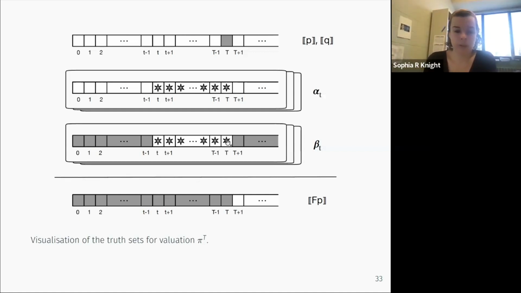Consider all the possibilities for truth values between little t and big T, and then everything is true again after t plus 1. So alpha t and beta t are both sets of evaluations. P and Q are just single points. Okay, so if we consider FP, obviously FP is true from 0 up to time big T, right?